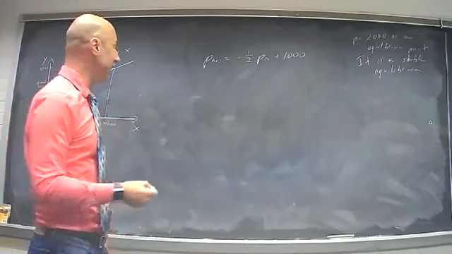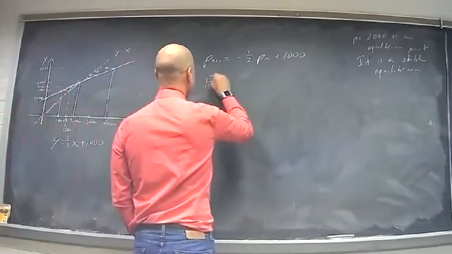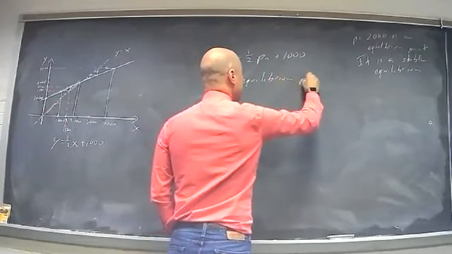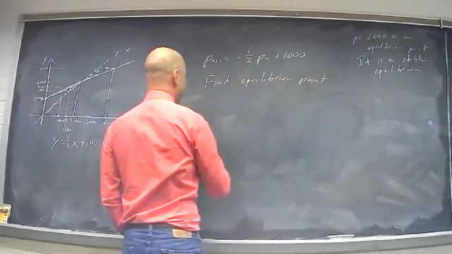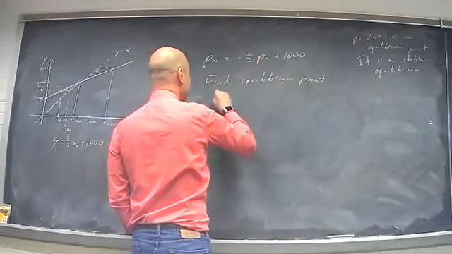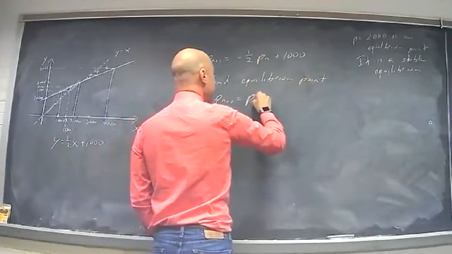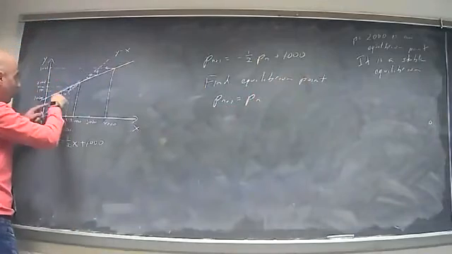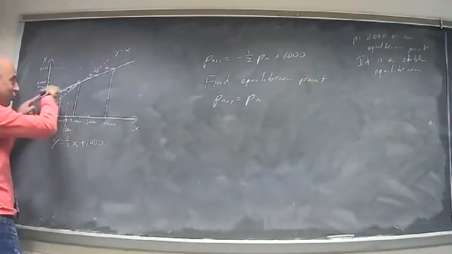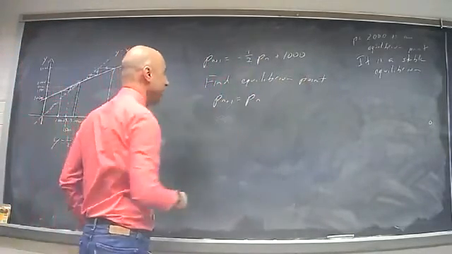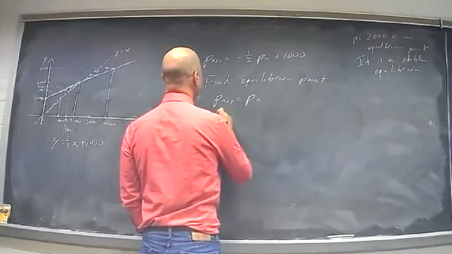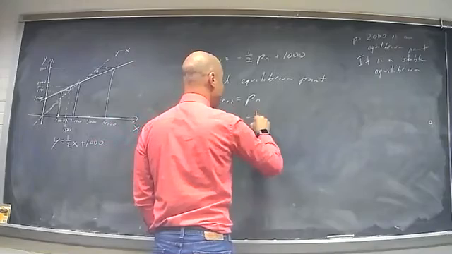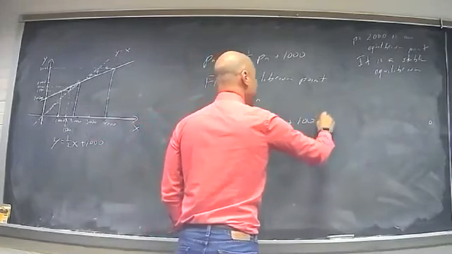Great. Let's find the equilibrium point. We use Jackson's suggestion. If we're at the equilibrium point, then Pn plus 1 is the same as Pn. In other words, we're looking for where the line y equals x crosses whatever this curve is. So we will set Pn equal to negative 1/2 Pn plus 1,000.